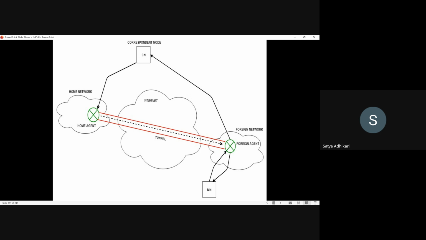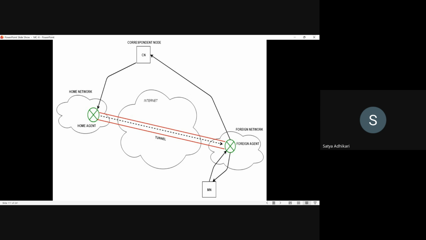Now suppose the correspondent node sends data to the mobile node. The data first comes to the home agent. The home agent notes that the mobile node is now not staying in my home network, it is in the foreign network. So immediately you see a tunnel is established.